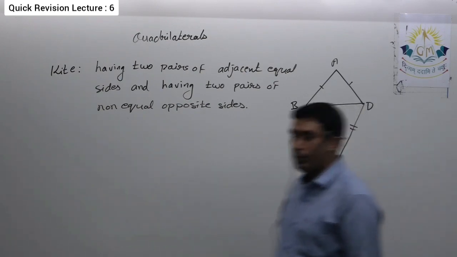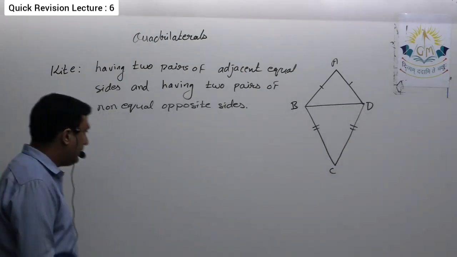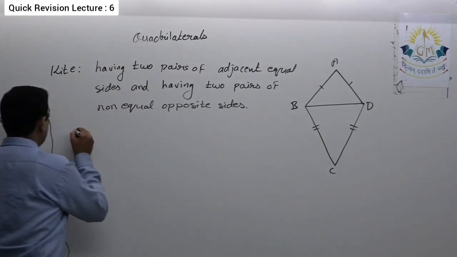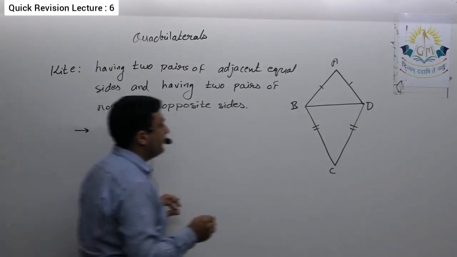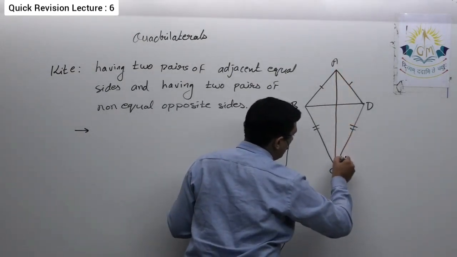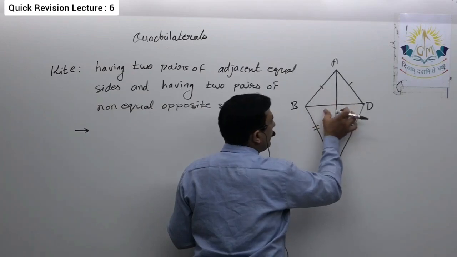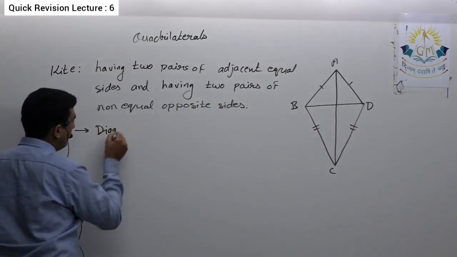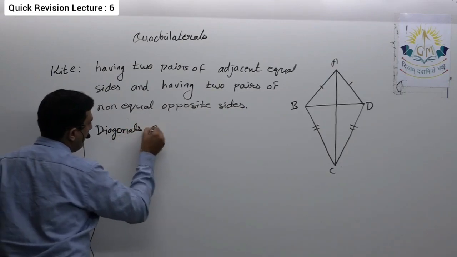Okay, so now let us see the properties of a kite. The very first property is, you can see there are two diagonals, and the diagonals are perpendicular to each other.